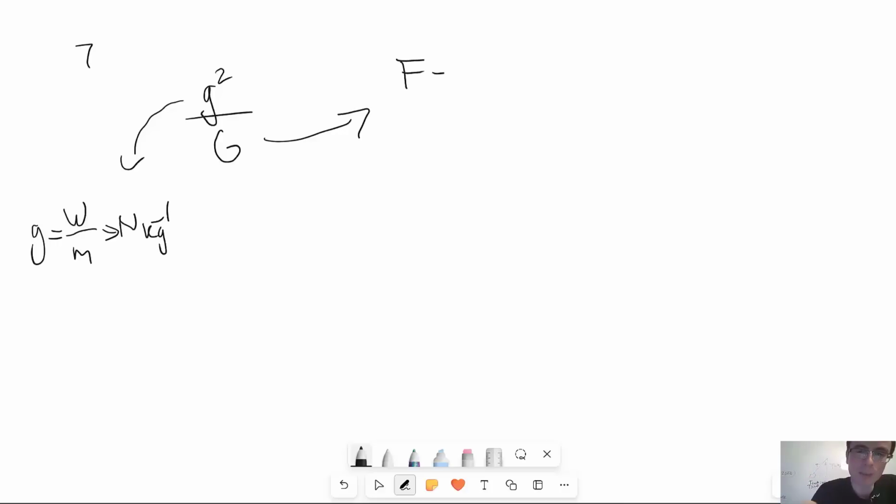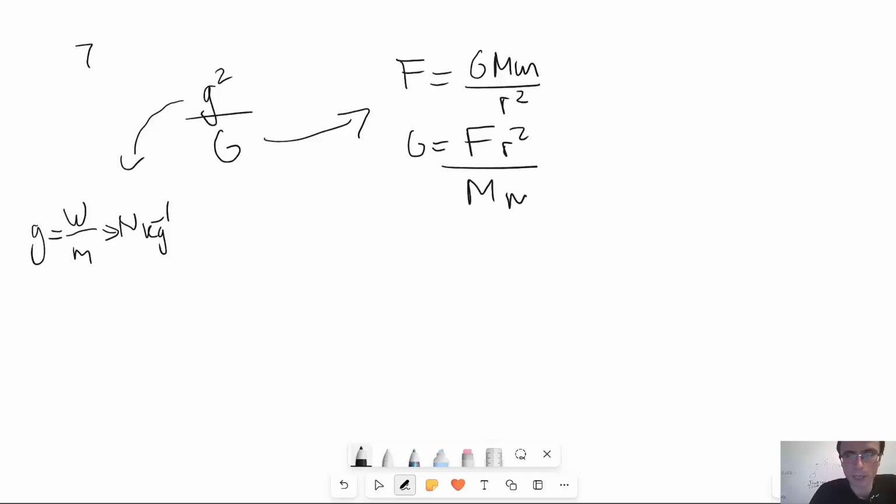G? Well, remember, from Newton's law, F is equal to GMm over r squared. Therefore, G will be Fr squared over Mm. Okay, so this means that G will be newtons meters squared over kilograms times kilograms is kilograms squared.